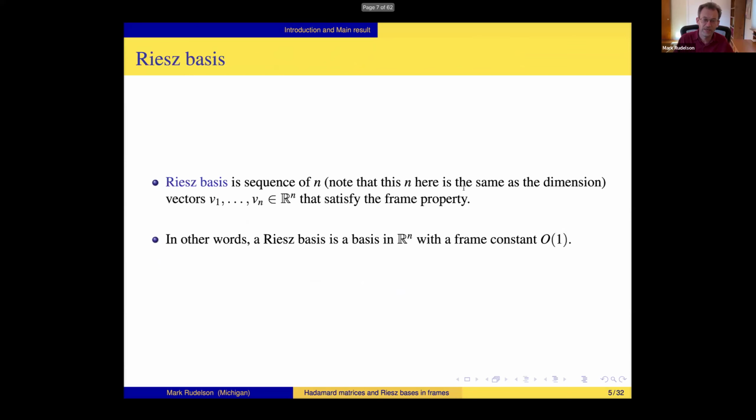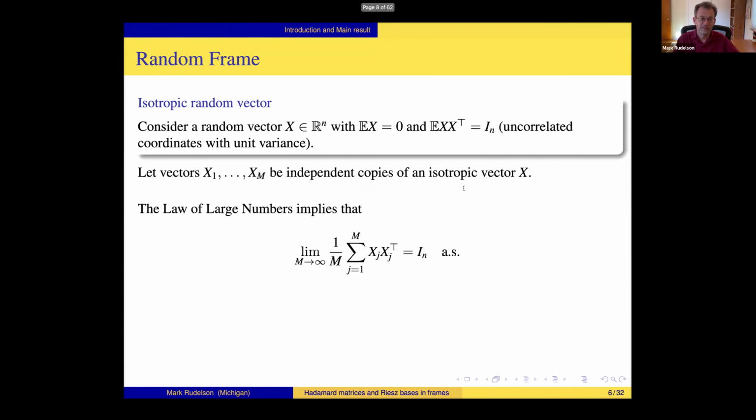It is a basis which is a good frame at the same time. In other words, it's a basis with a frame constant which is not large. And this way we can, the same way, concatenate Riesz bases instead of the orthonormal basis. But a more efficient way is the random frame.